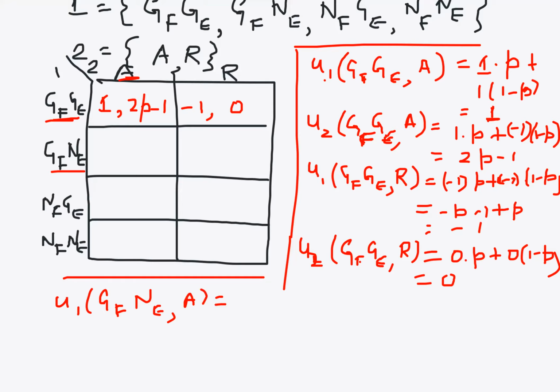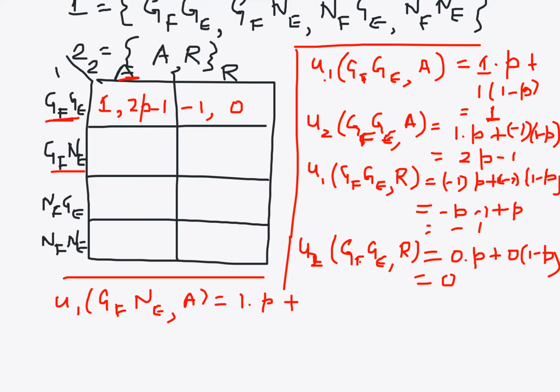So if player 1 gives gift as friend type and player 2 accepts, then player 1 gets 1 with a probability of P, 1 times P, plus at the bottom node, player 1 does not give gift, right?